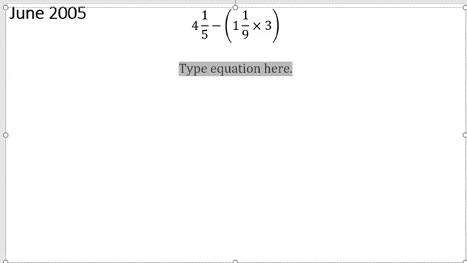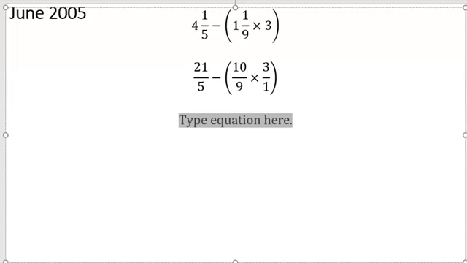So it's 5 4s 20 plus 1, 21 over 5 minus, in our bracket, 9 1s 9 plus 1, 10 over 9 multiplied by 3 over 1. So remember, when we have whole numbers by themselves, it is the same as expressing that whole number over 1.